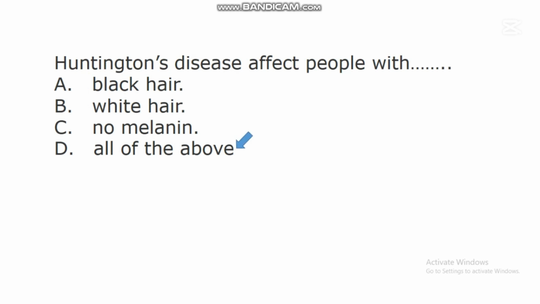This Huntington's disease is one of the genetic diseases in people, and studies have shown that this disease affects both males and females, irrespective of the hair color or whether the individual has melanin in the skin or no melanin. So this Huntington's disease affects different people.